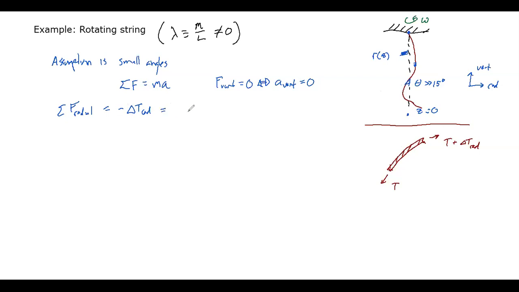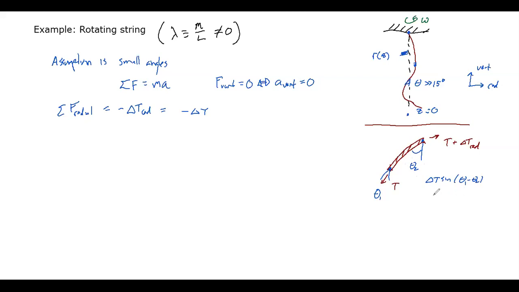And then I'm going to say, well, this is going to be the difference. If I had a way of measuring the tension here and here, and I ask what the difference between this angle, call it theta 1 and theta 2, is, the only part that's radial is going to be delta T sine of theta 1 minus theta 2, the small angle approximation.